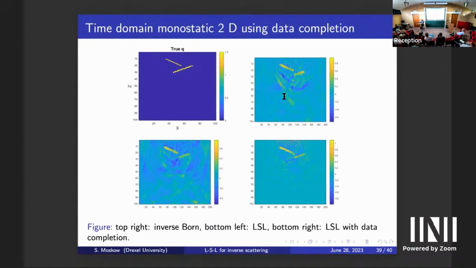This is for a 2D problem, the same profile, but now just 2D. This is the reconstruction with inverse Born. And this is Lippmann Schwinger Lanczos, just the first step with just the monostatic data. And this is using the data completion, which really improved things a lot.